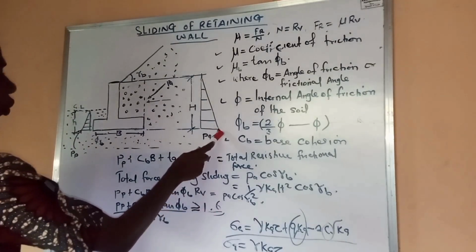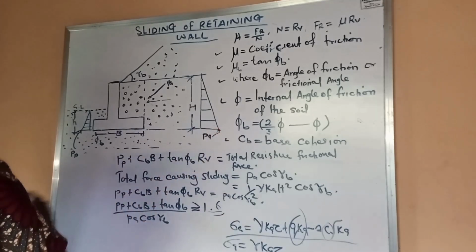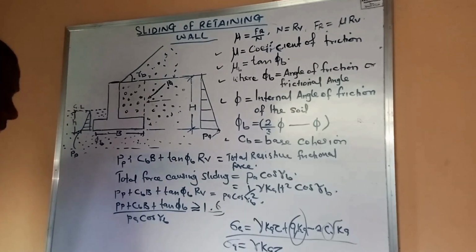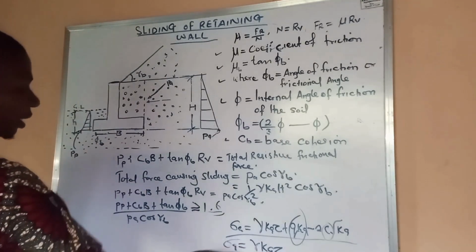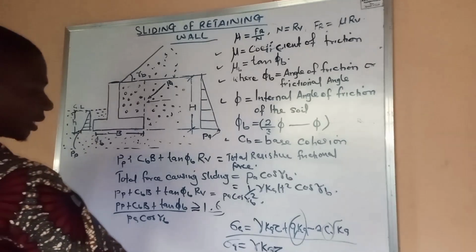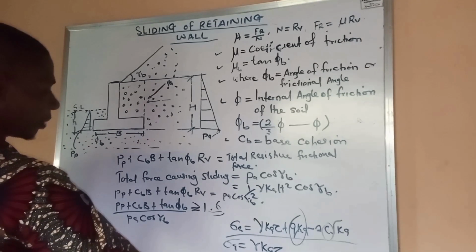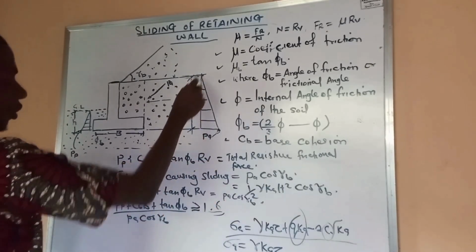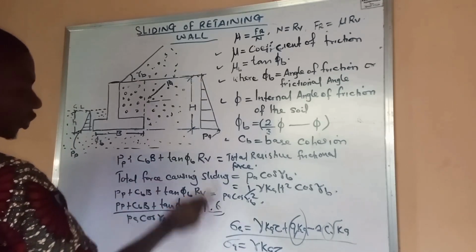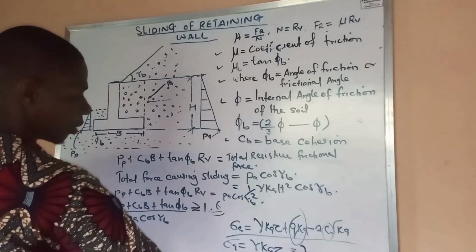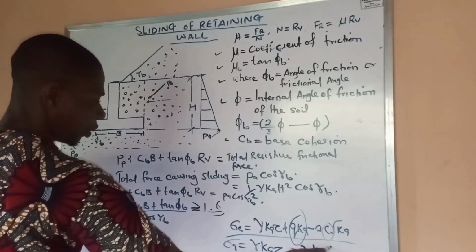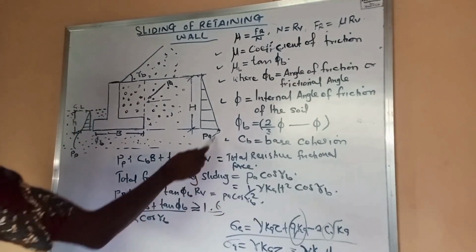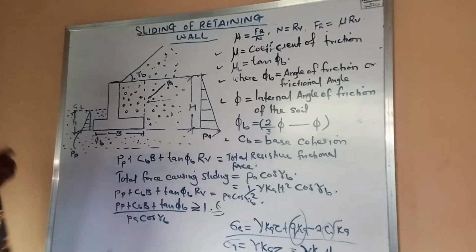This is the stress that is going to act here. Z becomes zero at this point, so we have the pressure here as zero. When our Z becomes H, we have gamma KAH as the maximum stress acting at this point.